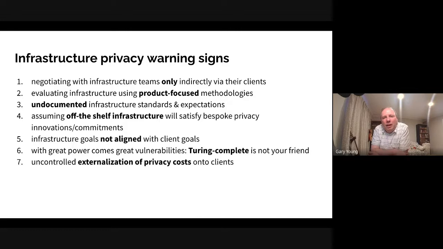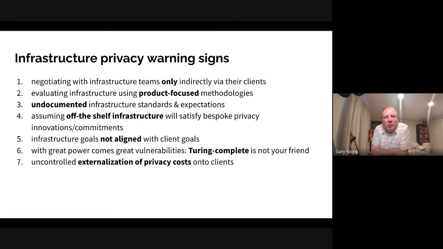If the infrastructure team's goals are not aligned with the client's goals, then you can end up with unexpected outcomes. This can happen across company boundaries, but it also can happen across organizational boundaries in a large company. So this will happen frequently within a company when you use infrastructure provided or developed for one particular use case for a use case that it wasn't expected for.